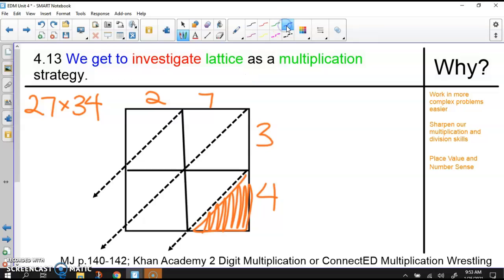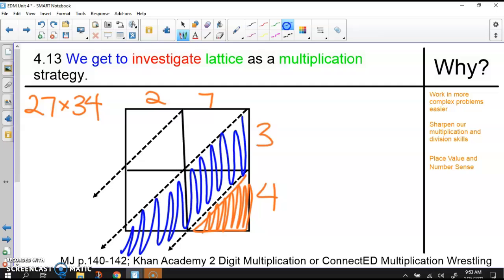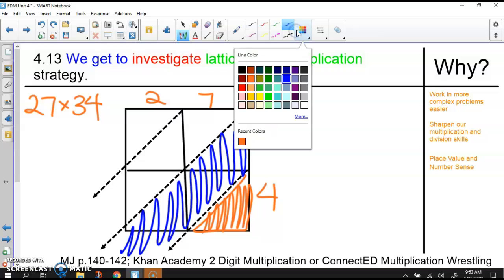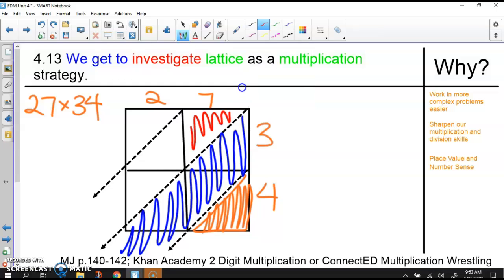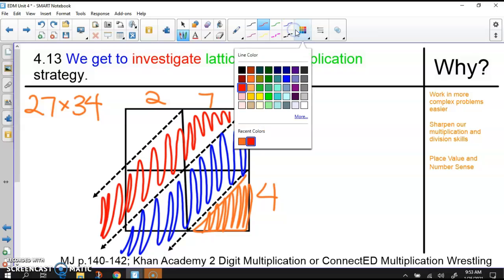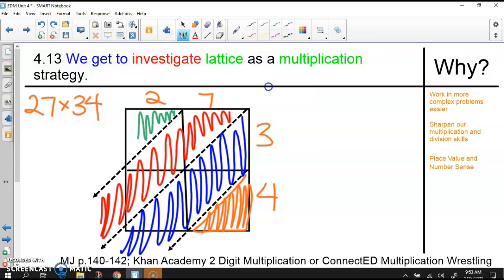Everything that ends up in this row here is the tens place. Everything that ends up in this section here is the hundredths place. And yes, your prediction is correct. This is the thousands place right here.